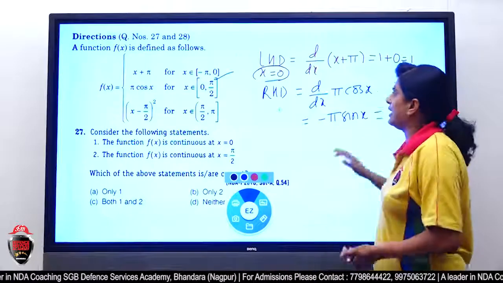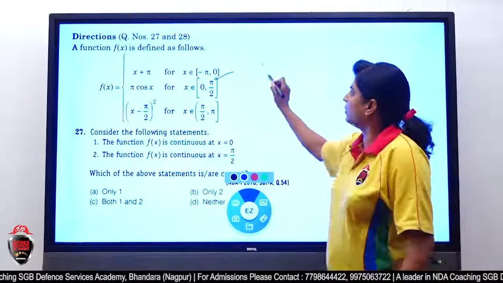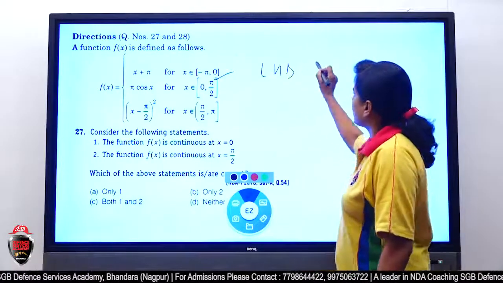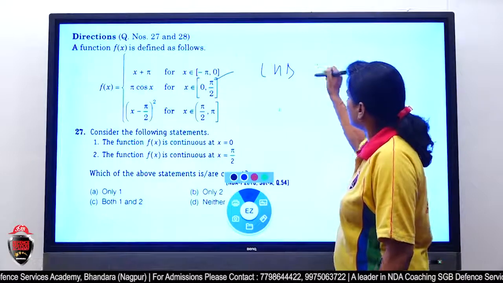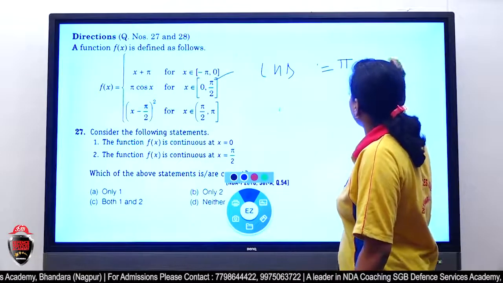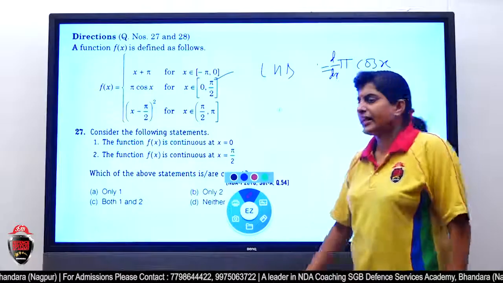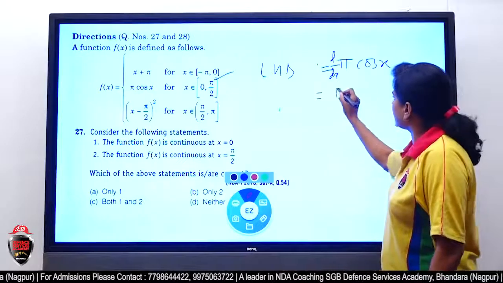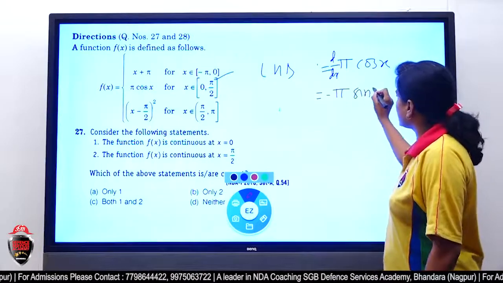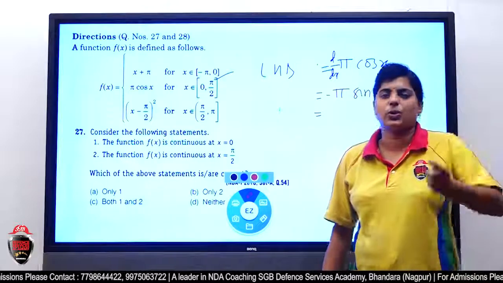सेकंड के लिए वही लेफ्ट राइट जब करा रहे बेटा, सो लेफ्ट हैंड डेरिवेटिव फॉर π/2, that is π cos x. So derivative of this π cos x, क्या डेरिवेटिव देगा? π कीप एज इट इज, डेरिवेटिव ऑफ cos x is sin x and the value of sin π by 2 is 1.